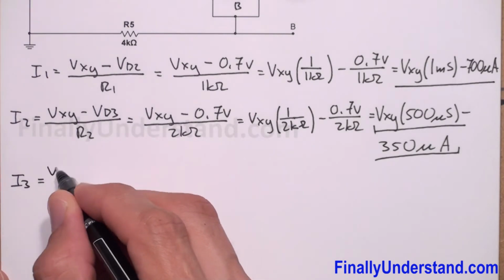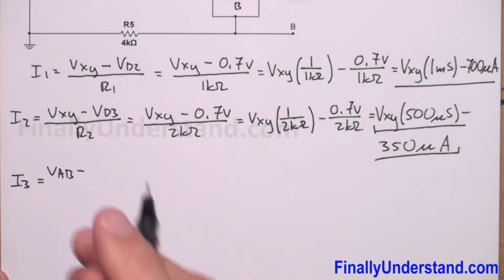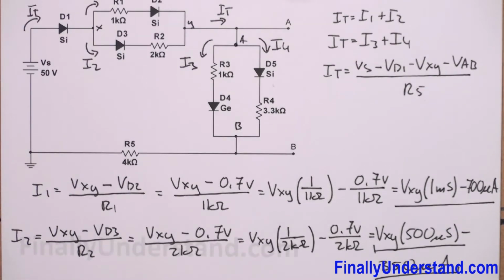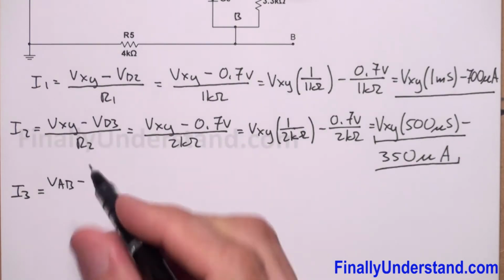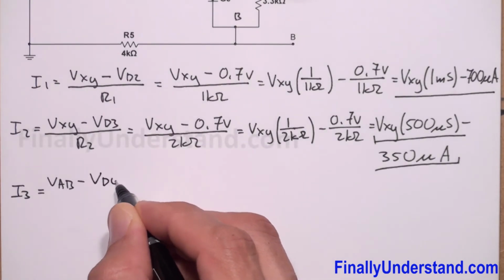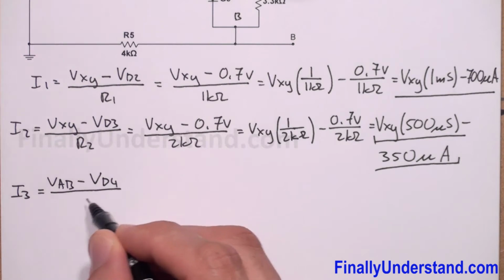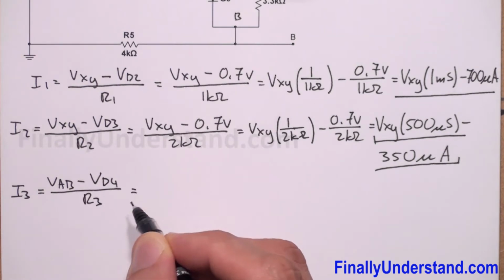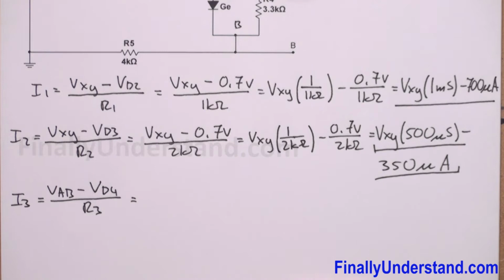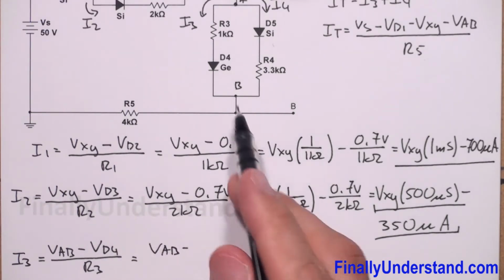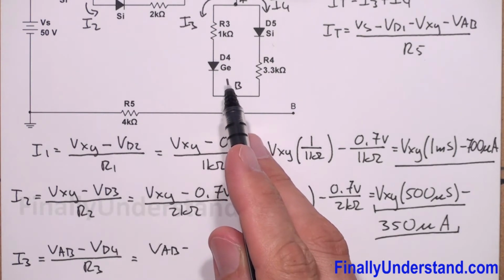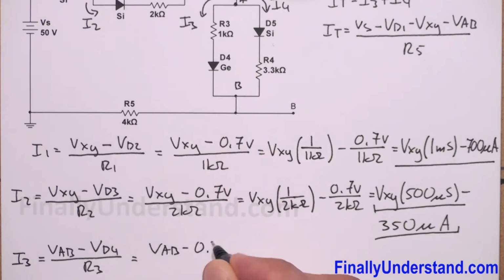So VAB minus the voltage drop across the diode D4, so minus VD4 over R3. VAB minus, because this is a germanium diode, I'm going to write 0.3 volts over R3, which is equal to 1 kilo ohm.